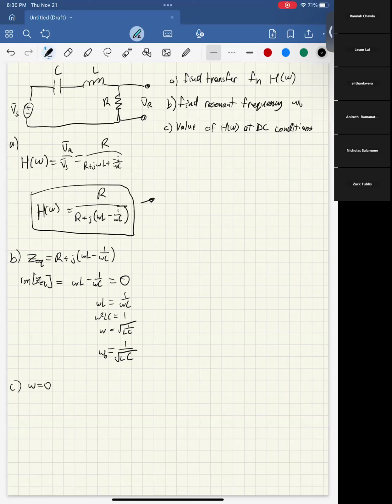So it would be 1 over 1 plus j, and then you'd factor out that omega. This is not nice to look at. 1 over j omega over R times, yeah, you could write it like this.